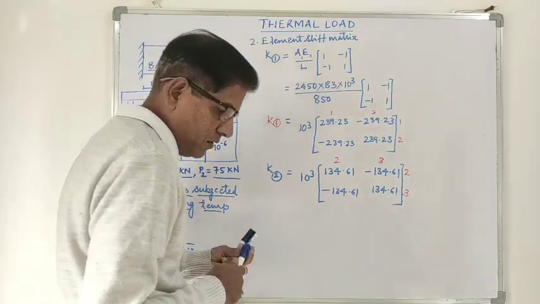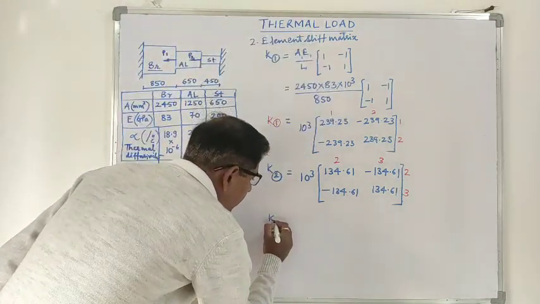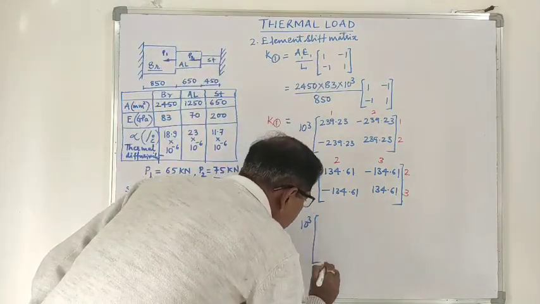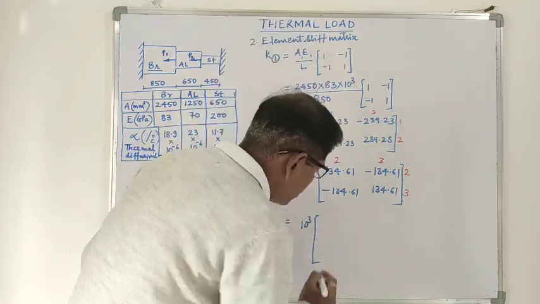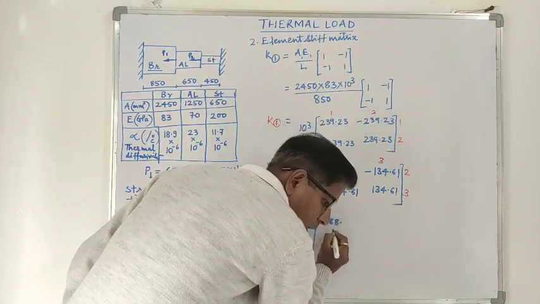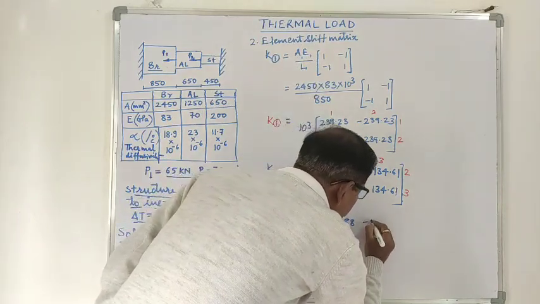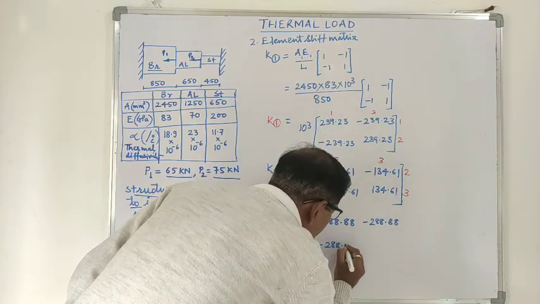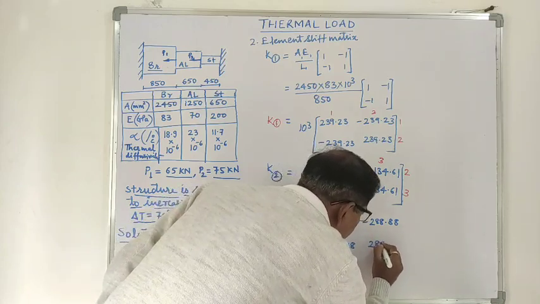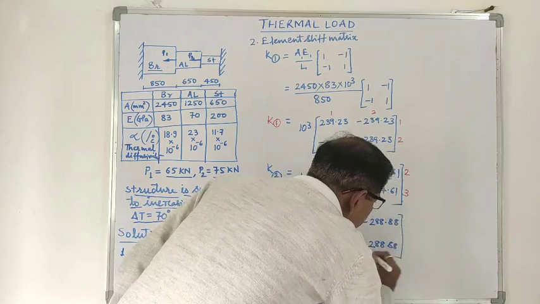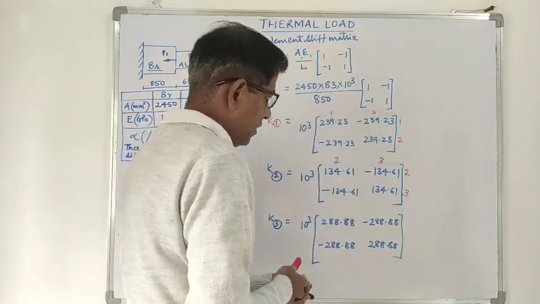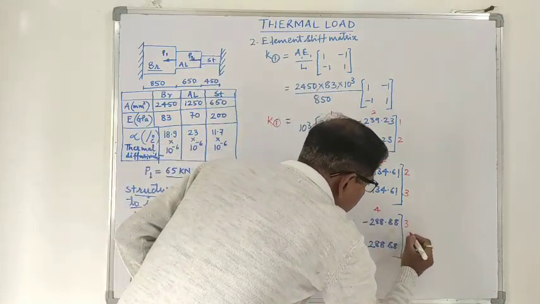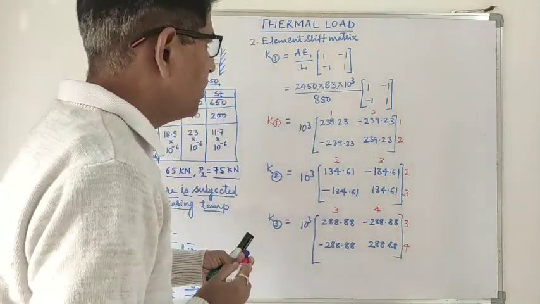Similarly, K3, with 10 to the power 3 outside the bracket, is 288.88, minus 288.88, minus 288.88, 288.88, and the row and column numbers will be 3 4 3 4. So these are the element stiffness matrices.